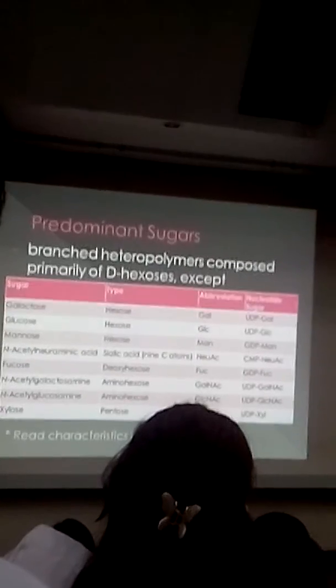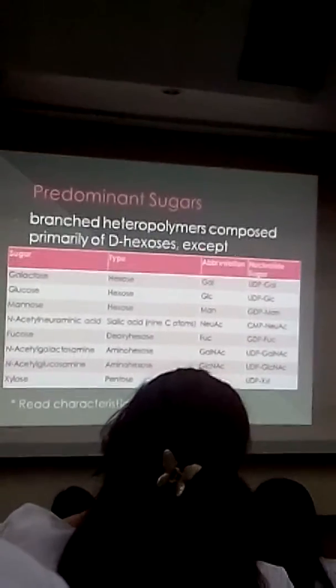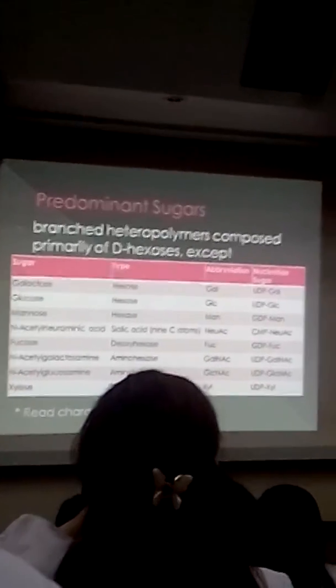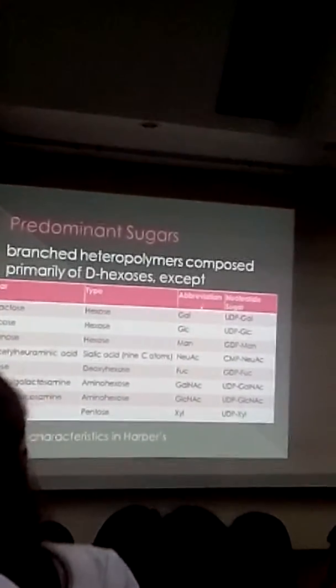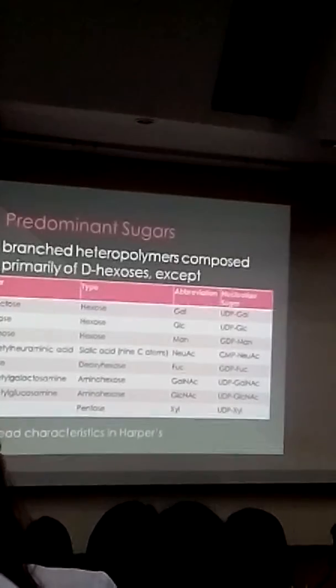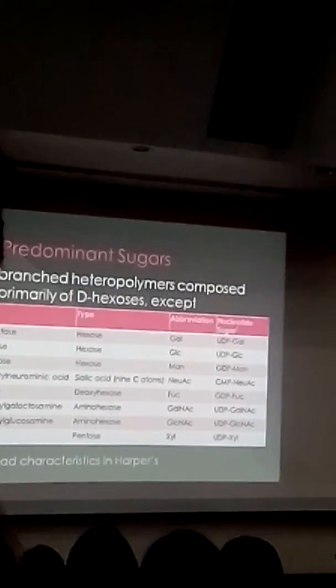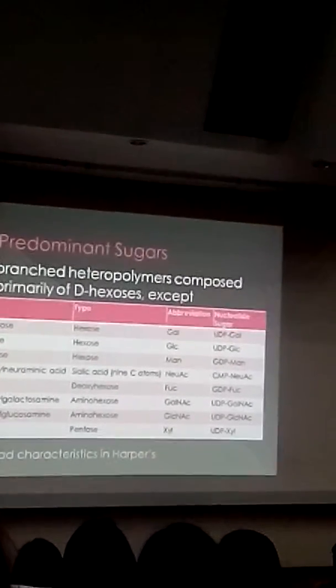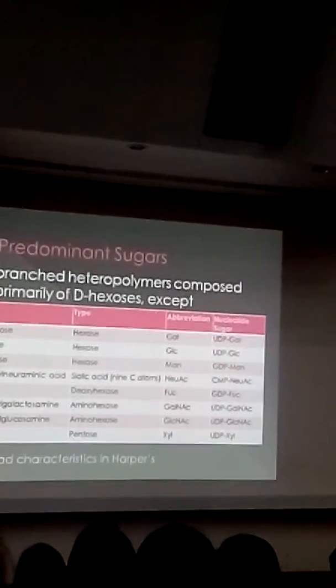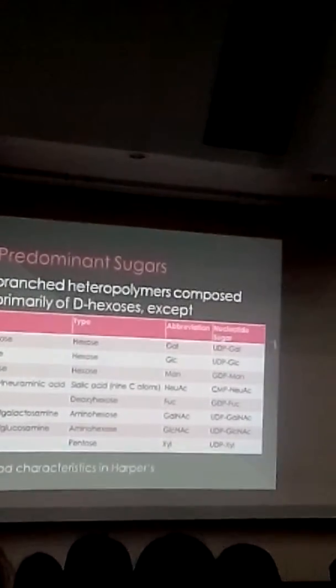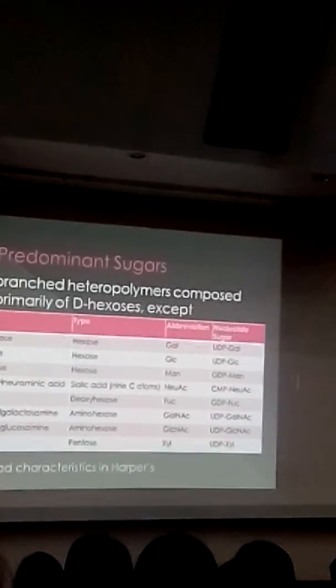This one is also a 6, just lacking an oxygen. So this is the sugar, this is the type, this is the abbreviation which we will be using, instead of these long words. And these are the nucleotide sugars, but what's the function? These are donors. And there's a last column here in Harper's. Just read about the characteristics.